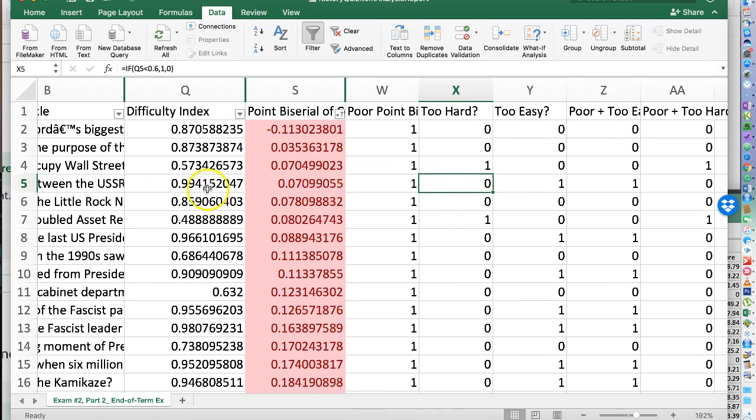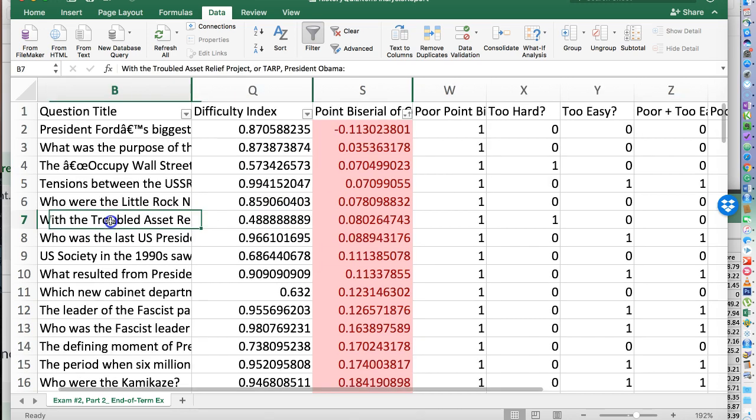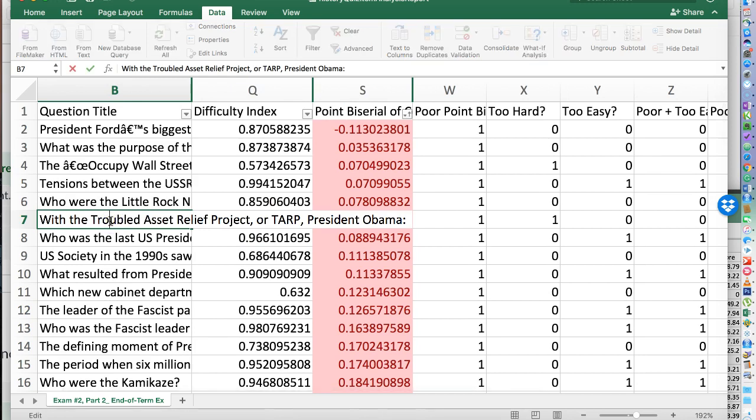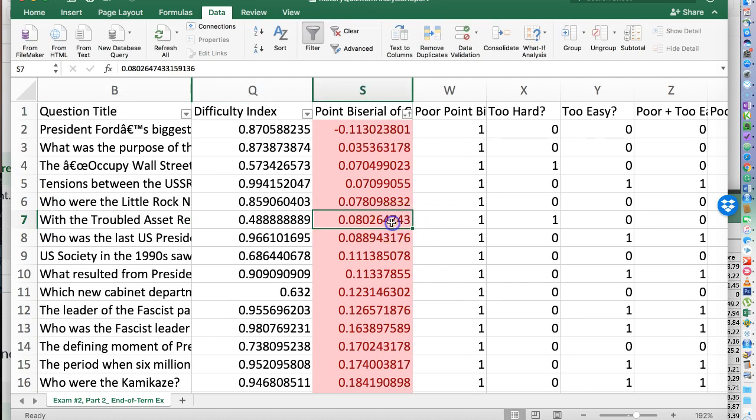For this one, there's only 49% getting it correct. Is there something about the question that is too hard, or is it worded trickily? Or was it just not taught in the course?